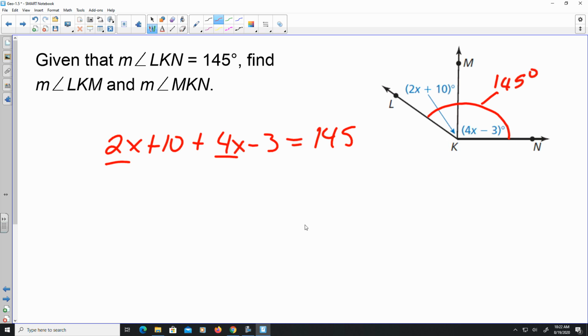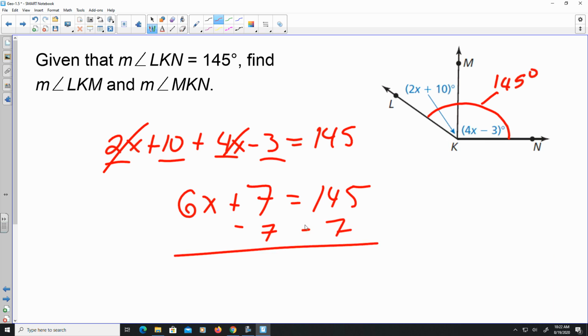Combine like terms: 2x plus 4x is 6x, and combining the constants, that turns into positive 7, which equals 145. 145 subtracted by 7, I get 6x equals 138. Divide everything by 6, x equals 23.